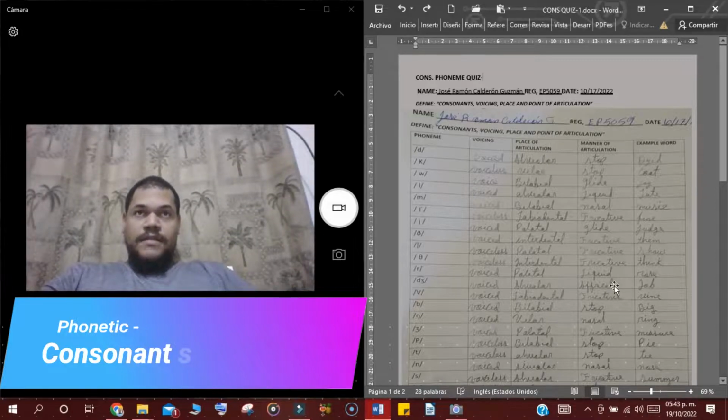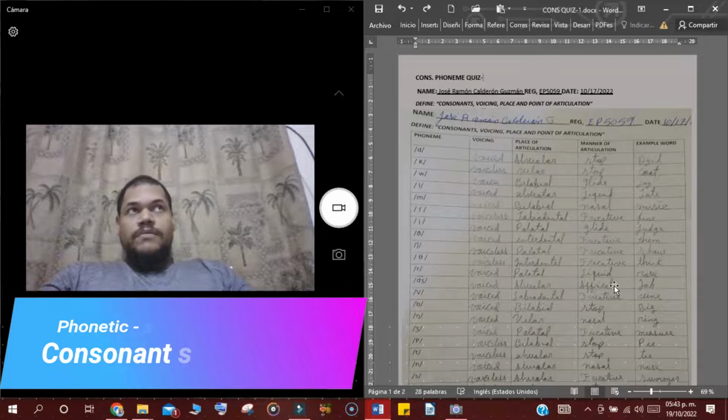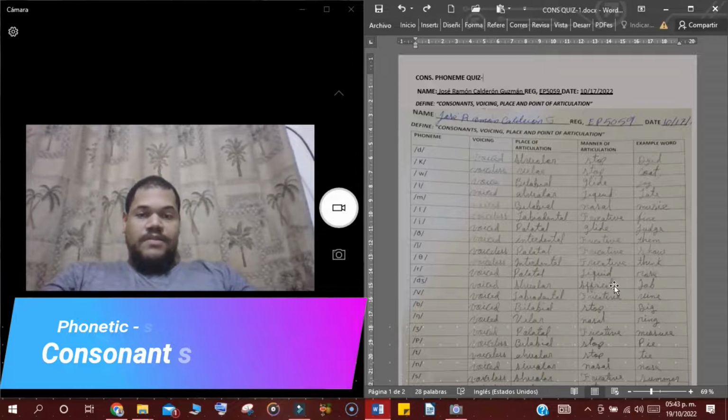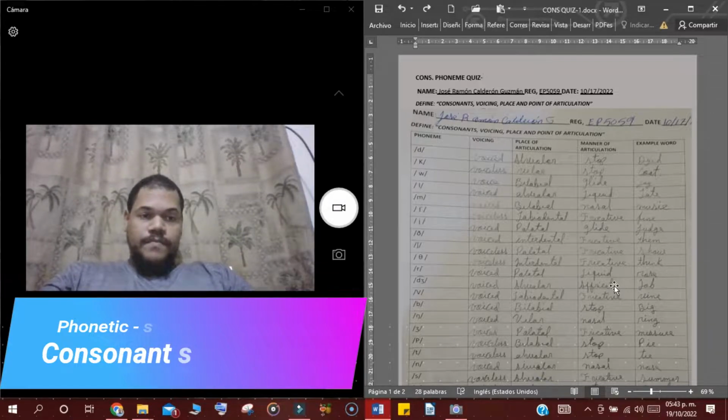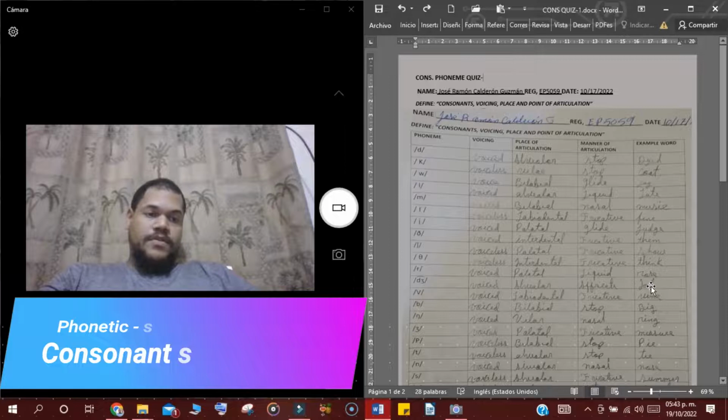It means that it's the combination of two constrictions. First it is a stop, and then it concludes as a fricative sound. That's the reason it's called affricate. The word that I have here to describe this is job.